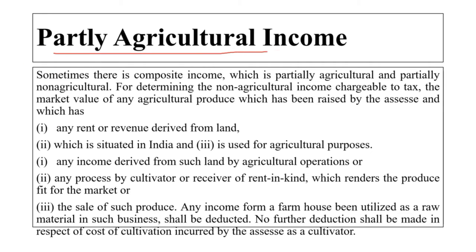Partly agriculture income. What different agriculture incomes are there which we treat as partly agriculture and not wholly agriculture? Sometimes there is a composite income which is partly agriculture and partly non-agriculture. It means half of the income we treat as agriculture income and half as non-agriculture income.